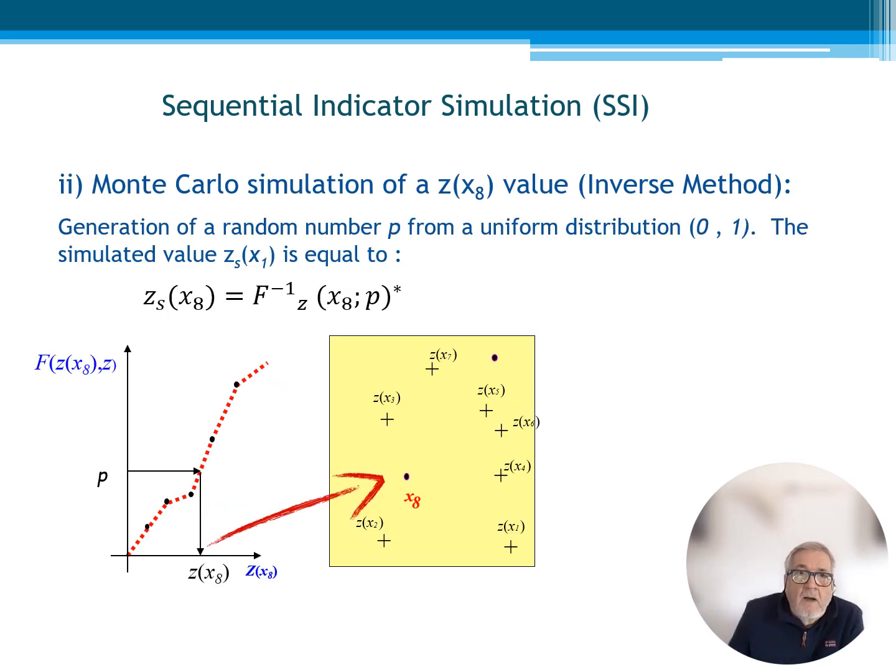So, after we reconstruct the local CDF at x8, we perform a Monte Carlo simulation by, for example, the inverse method, which means, to remind you, we generate a random number p and we back transform to obtain the original variable z at x8.